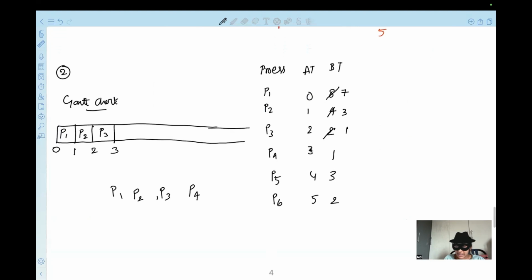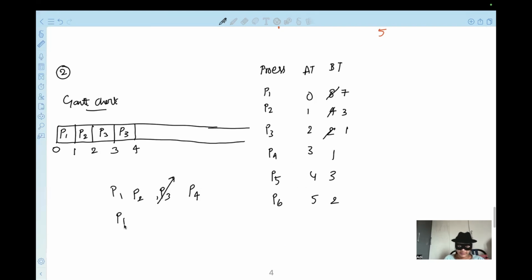We selected P3 and P4 as they have the lower burst times. P3 has the lower arrival time. So again, we'll make P3 into the queue and we'll make here 4. So P3 is completed because 1 unit of time is done here. And at 4, is there any process coming through?